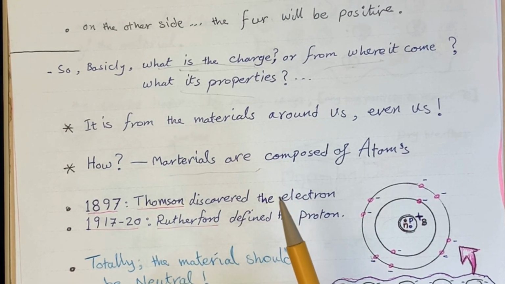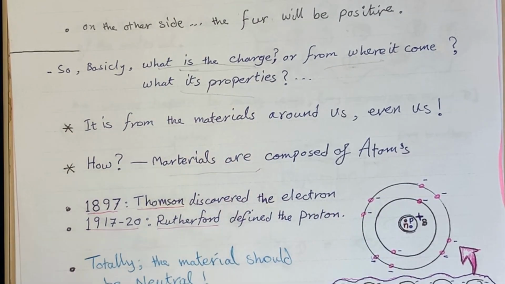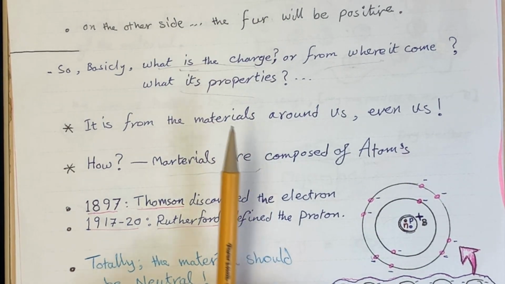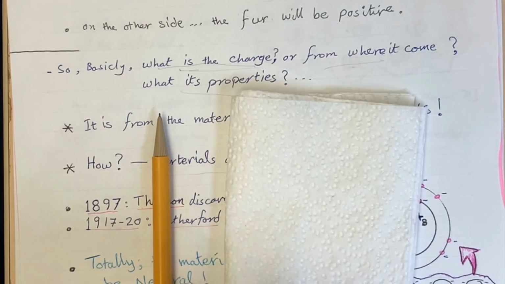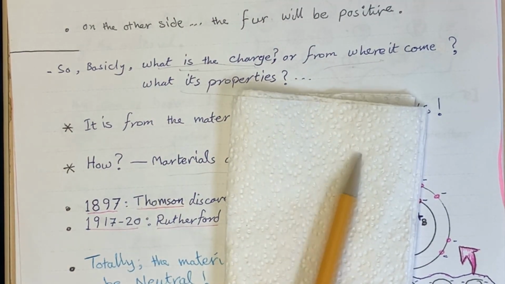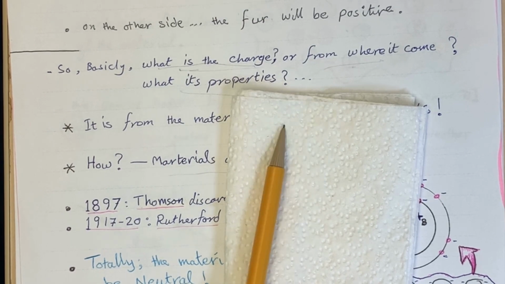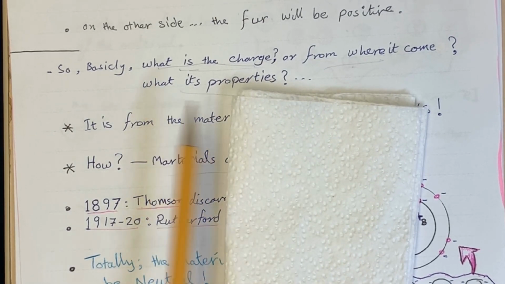Actually, the previous physicists in classical physics decided and found that the charge came from objects, from the matter. For example, if we have the plastic piece and the fur piece, and we do this experiment, then one of them will be charged negative, the other positive.